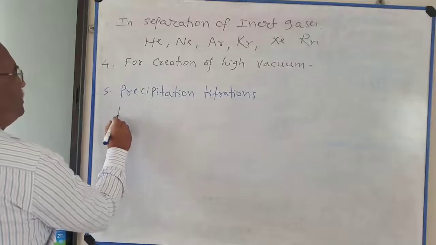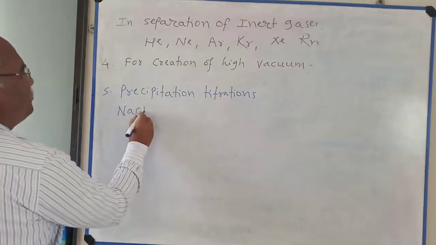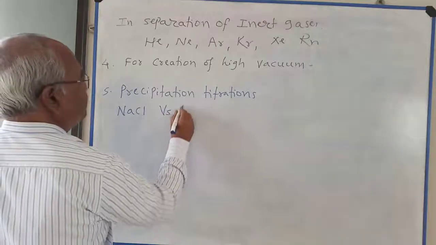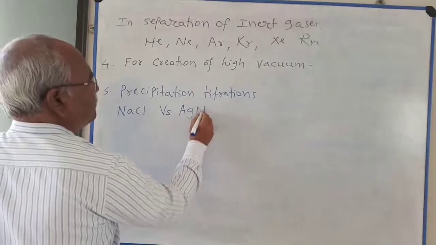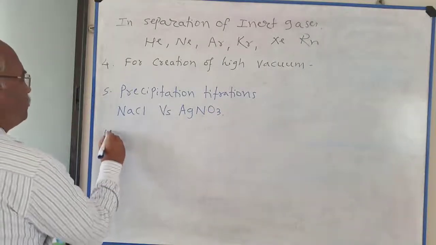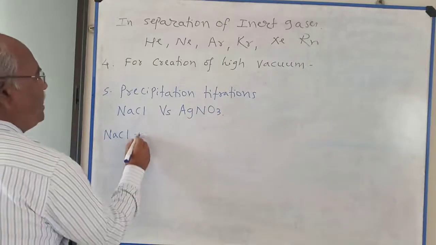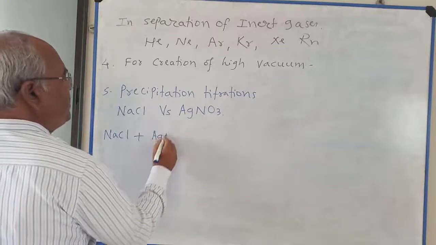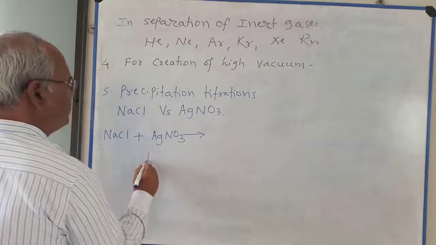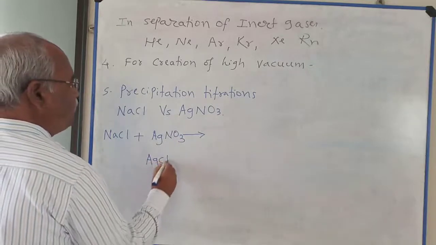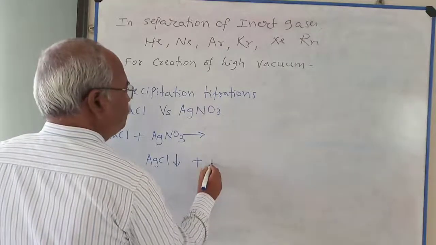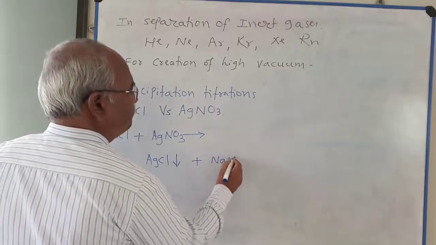As an example, consider the titration between sodium chloride versus silver nitrate. Sodium chloride reacts with silver nitrate and forms white precipitate of silver chloride plus sodium nitrate.